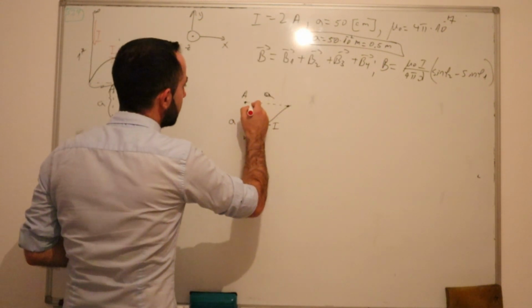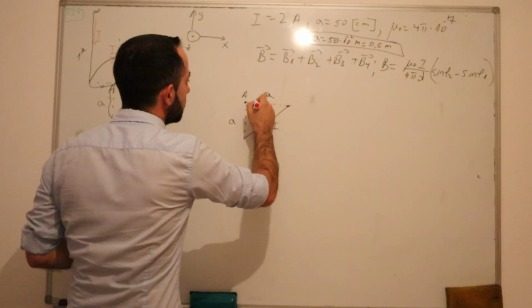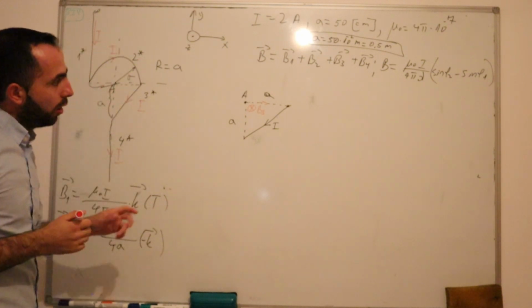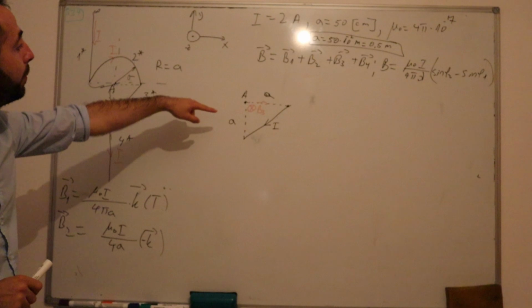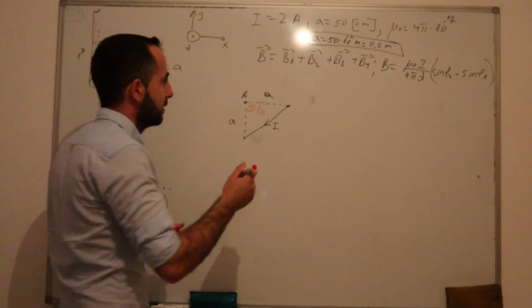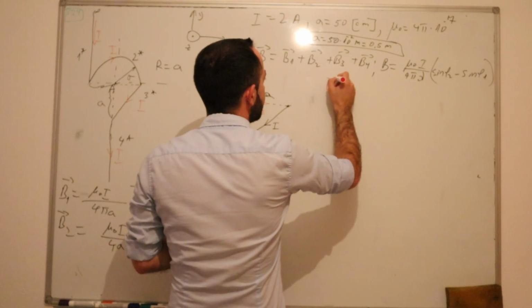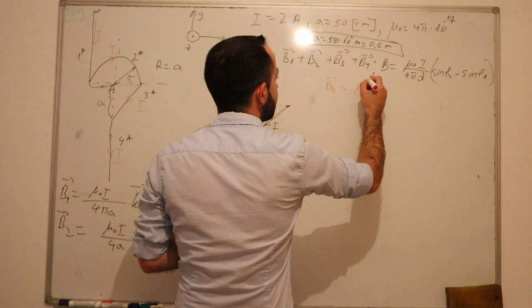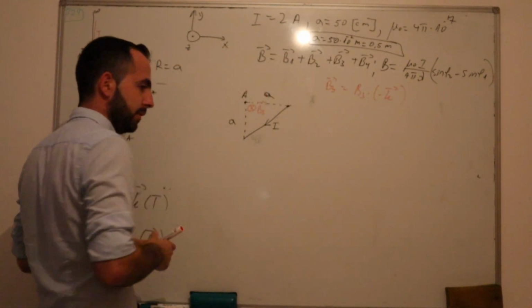And I will write that. So the magnetic flux density is this B3. Also this magnetic flux has the opposite direction from the z axis, so it will have this shape: its intensity times minus k, unit vector of the z axis.